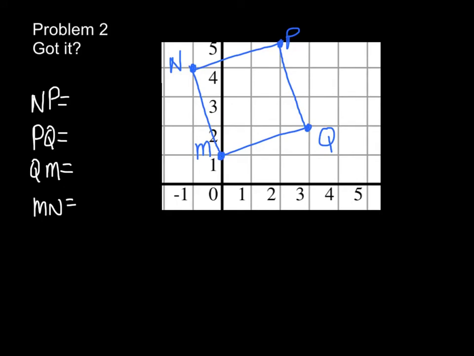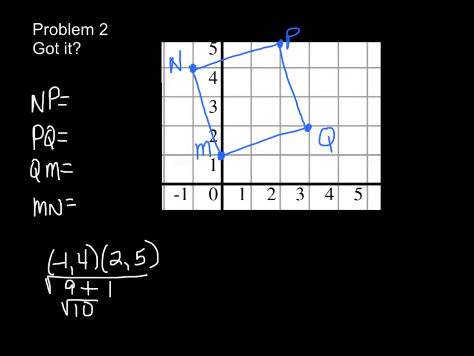So let's first find the distance from N to P. N is negative 1, 4, and P is 2, 5. So we use our distance formula, subtract our x's, 2 minus negative 1, that's 3. 3 squared is 9. 5 minus 4 is 1. 1 squared is 1.